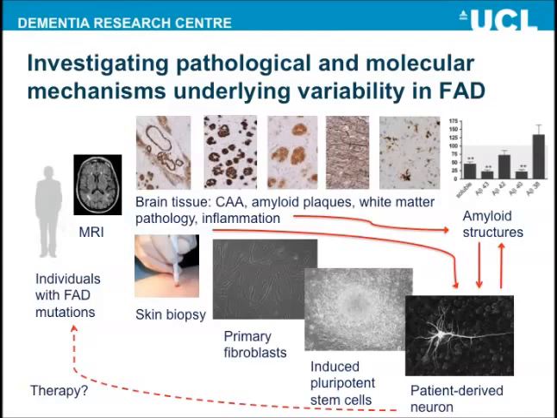Just as we can look at the white matter on scans, we can also look at it in the brain. So these streaky lines are white matter fibres, so we can actually look at how the pathology is affecting the white matter. And we can look at the role of the immune system by studying cells that are involved in immune and inflammatory function. And we can go on to look at the molecular level by looking at the different types of amyloid that are there.